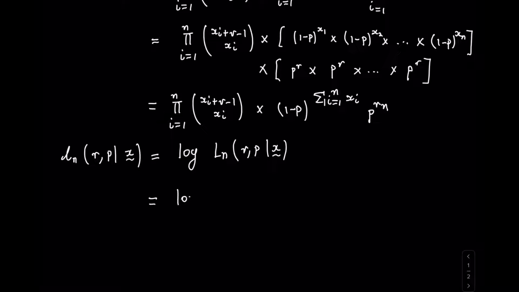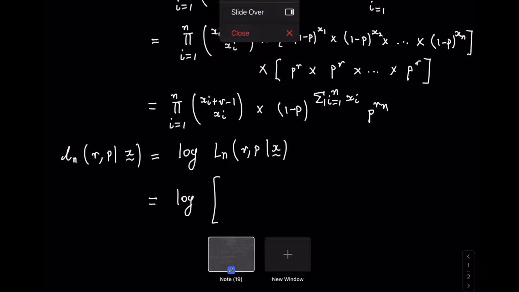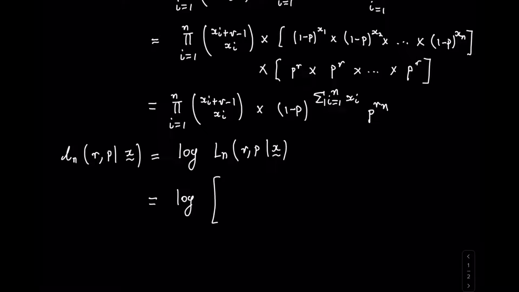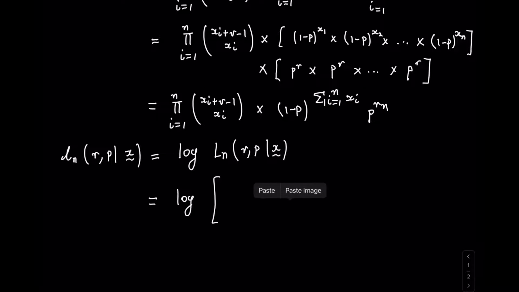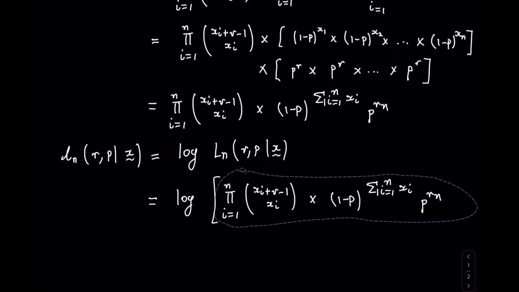And then I'm going to take this expression here, which was our likelihood function, copy that down and paste it here. And I'm just going to put that in brackets.